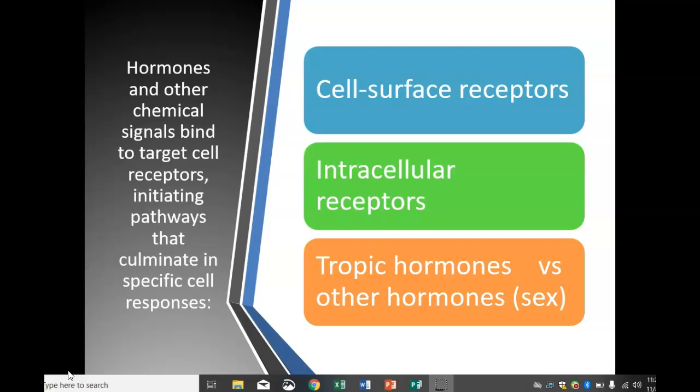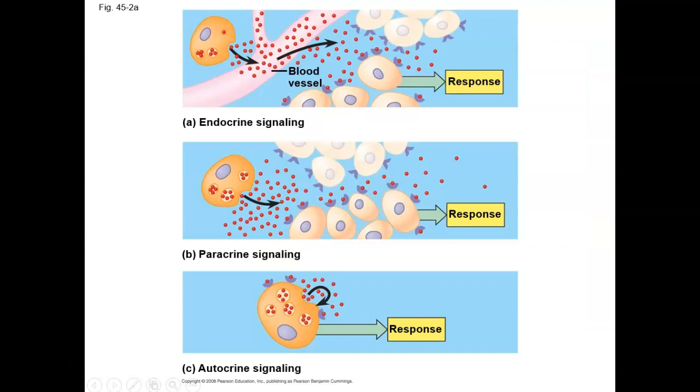I also want you to know that there's a difference between tropic hormones and sex hormones. So tropic hormones are pretty much any hormone that doesn't have to do with sex or creating the different secondary sexual characteristics between males and females. So just to remind you, endocrine signaling is when you typically have gland cells or cells within these ductless organs release molecules that travel all over your body.